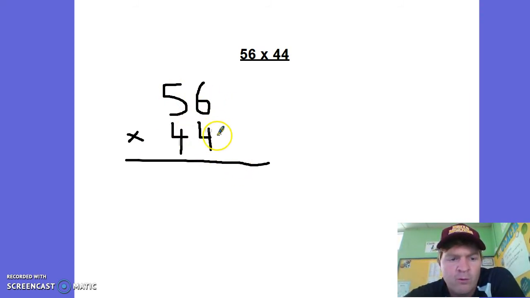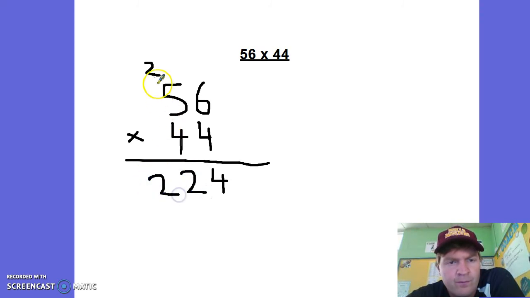Starting off with our 4 1s multiplying it by 6 and 4 1s multiplying it by 5 10s. 4 multiplied by 6 is 24 1s, put down my 4, carry my 2. 4 1s multiplied by 5 10s equals 20 plus the extra 2 is 22 tens. Rename 22 tens as 2 tens, 2 hundreds. Cross out my 2 because I don't want to get confused.